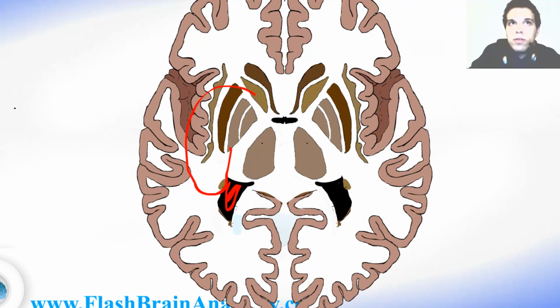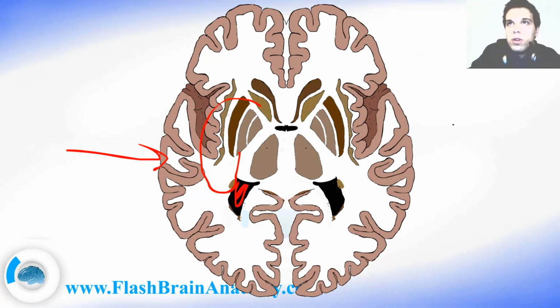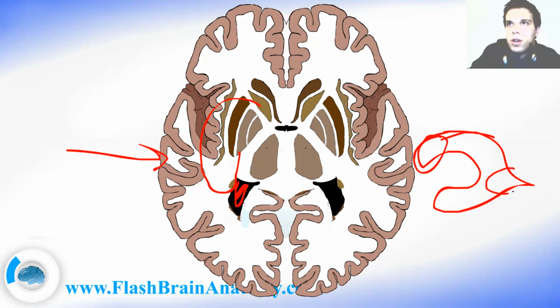If we look at it from the lateral point of view, it goes like this, just like the lateral ventricle. The lateral ventricle also has the same curvature. This is the lateral ventricle with its anterior horn, posterior horn, inferior horn, and the cella media.